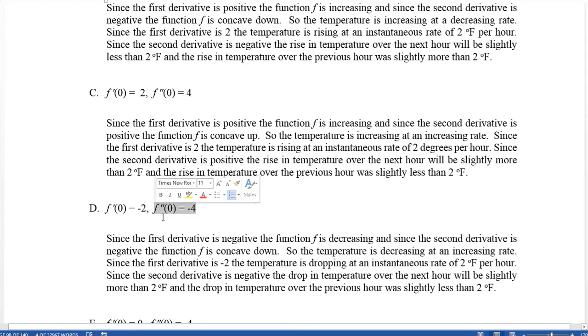The second derivative is negative, so the original function is concave down. So it's decreasing and concave down. It's decreasing at an increasing rate. So it's going to drop about 2 degrees the first hour, and it's going to drop more than 2 degrees the next hour.